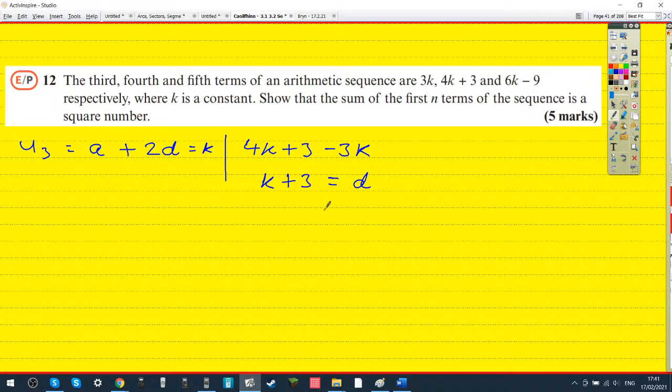What else is D? 6K minus 9 minus 4K plus 3.